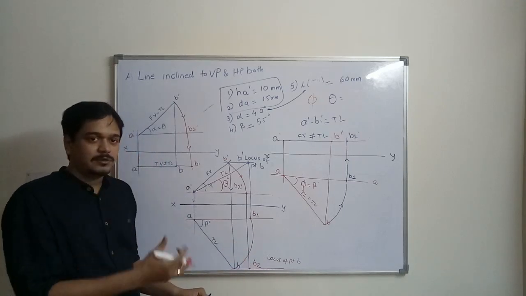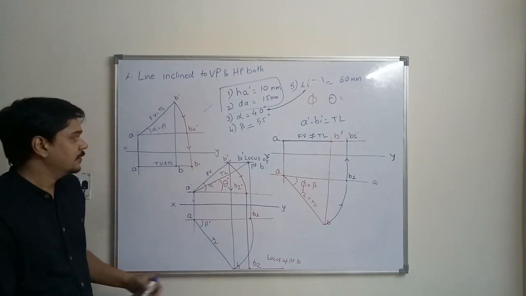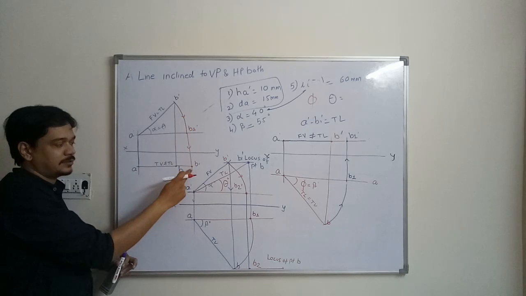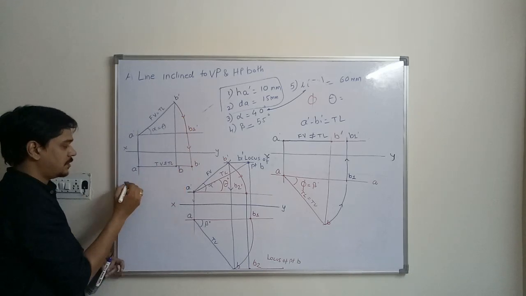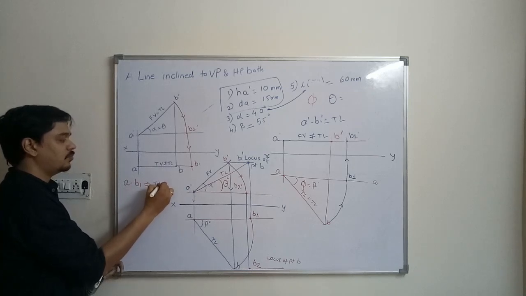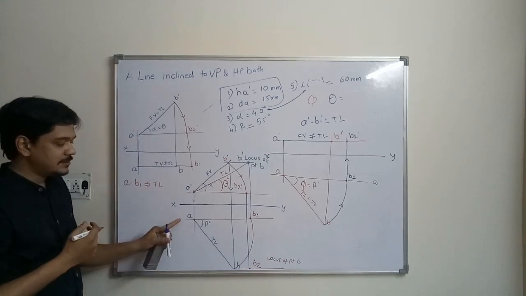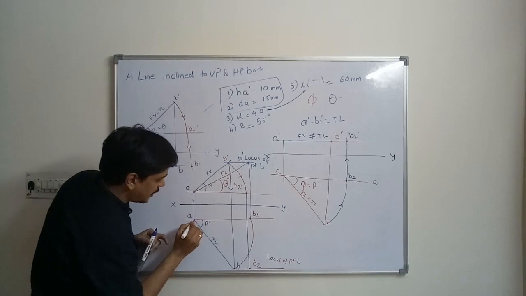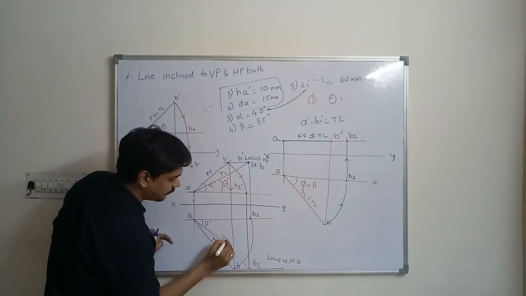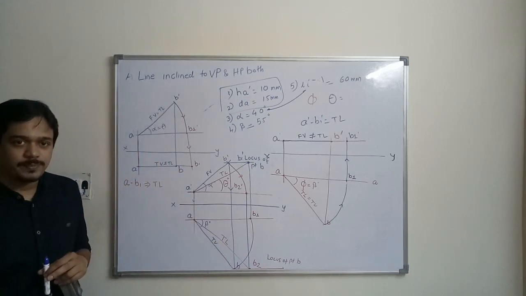So how to mark the true length in top view then? Again go back to the same problem. After rotation and projection, the true length was A to B1. This was giving you the true length. Similarly in this case, you have to join A to B2. So you will get the true length in top view.